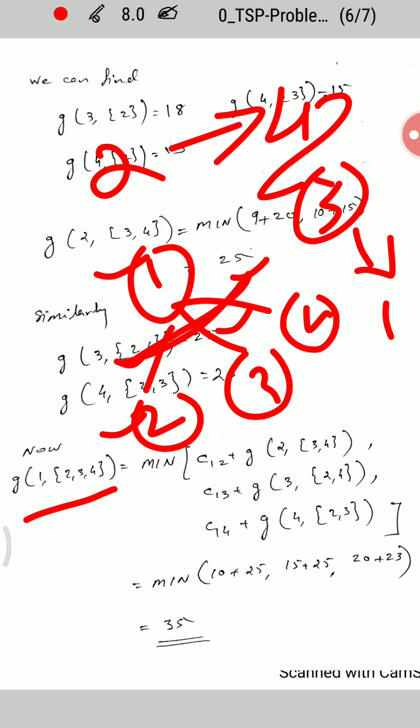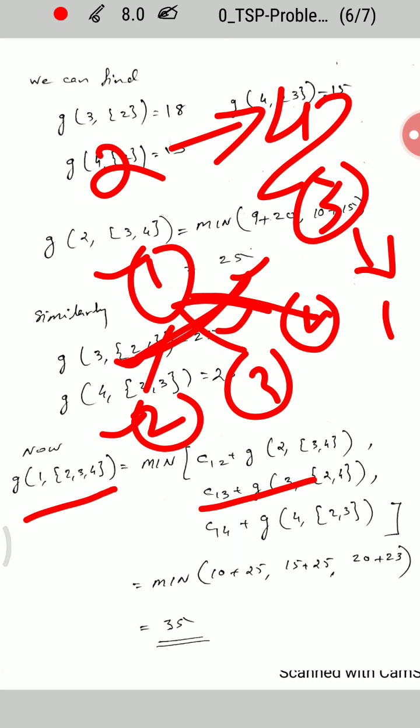The next element is C13 plus G(3,{2,4}). Next is C14, that is from 1 you are visiting vertex 4 and then 2 and 3 in some order and returning back to 1. You are getting these 3 values.